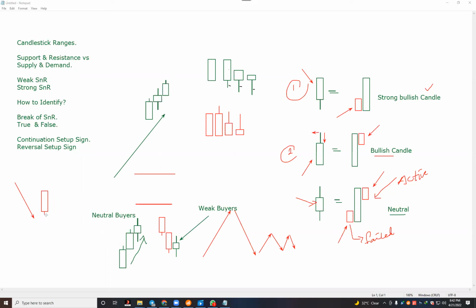for example, the trend is running down, and then we found a green candle here, and then another green candle, which is a spinning candle. Now it does not mean it's a continuation or neutral. This candle is showing weakness, meaning the price can fall down again.